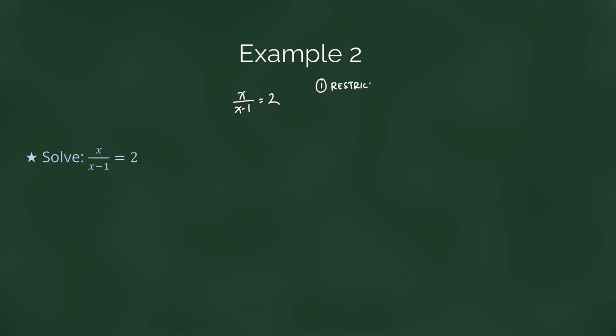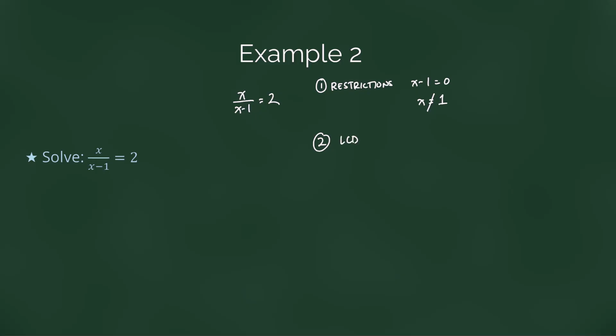In other words, we're going to examine where any of our denominators equal 0. That would mean x minus 1 is equal to 0. Solving that, adding 1 to both sides, we get x equals 1, but that's a restriction. So we now know that x can't be equal to 1. So if when we go through the work of solving this thing, we get x equals 1 as an answer, we would have to rule that out.